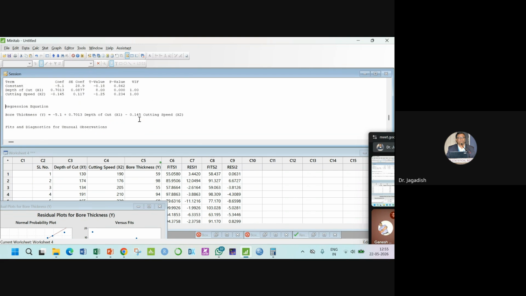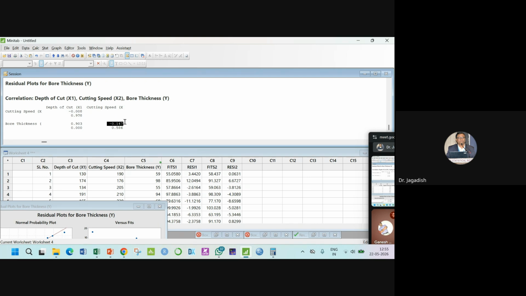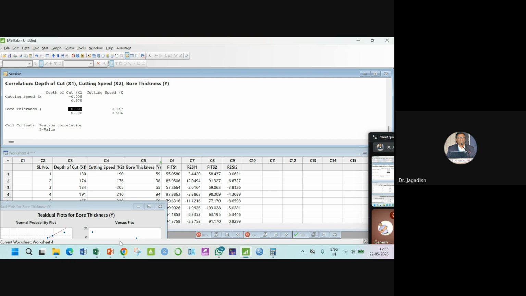That's what came here, minus 0.145, approximately. Sometimes it may not be the same also. So it is a very slight negative correlation, and a very strong correlation with the positive. So correlation also we can study.